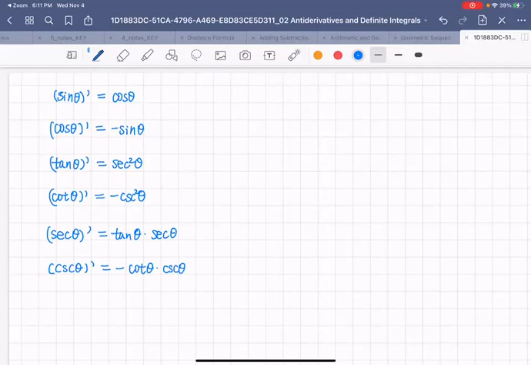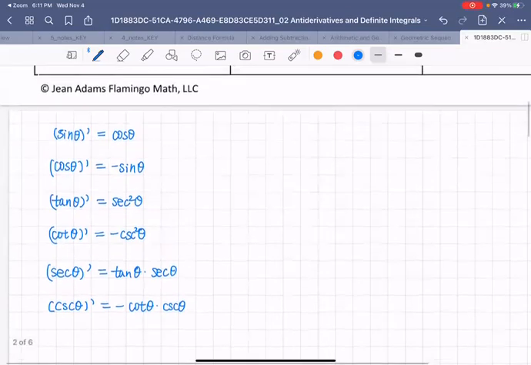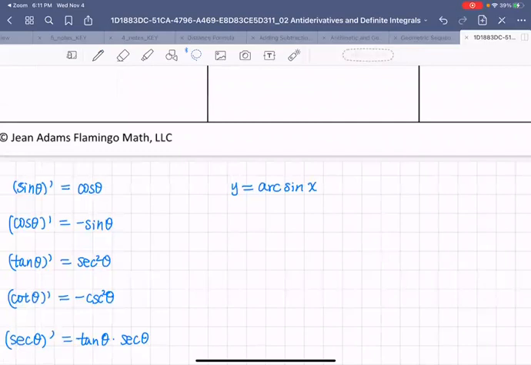So this part is not so hard. The hard part is the inverse trig. You remember we did this kind of thing: y equals arc sine x. We want to find this guy's derivative. That's not easy, but we can do this.